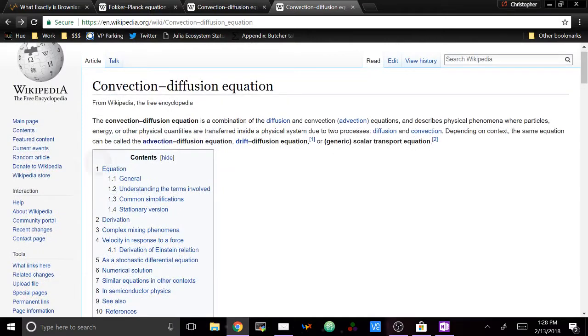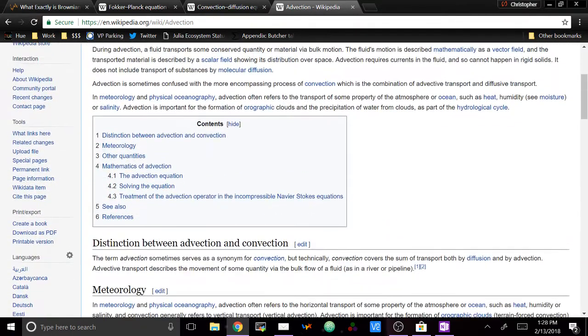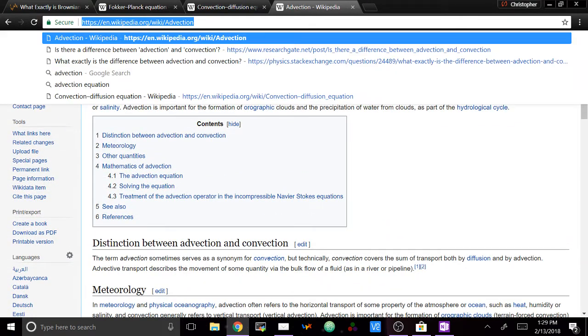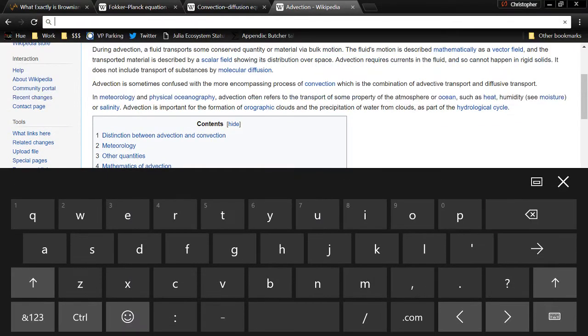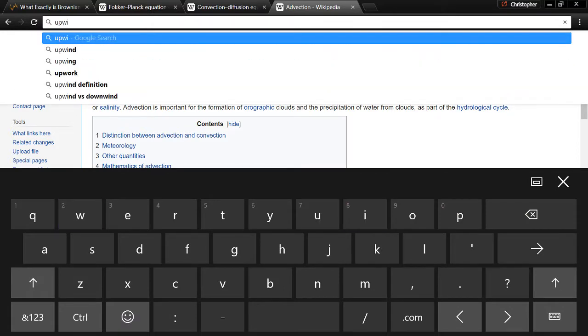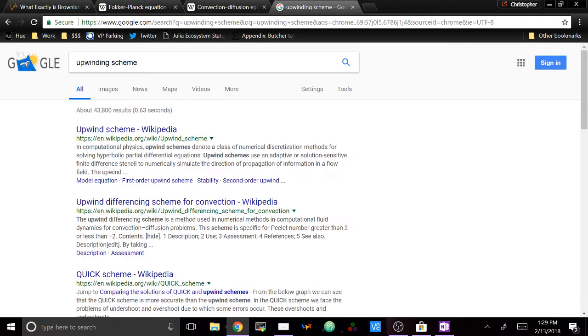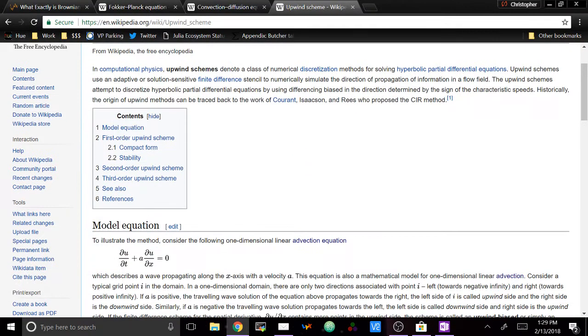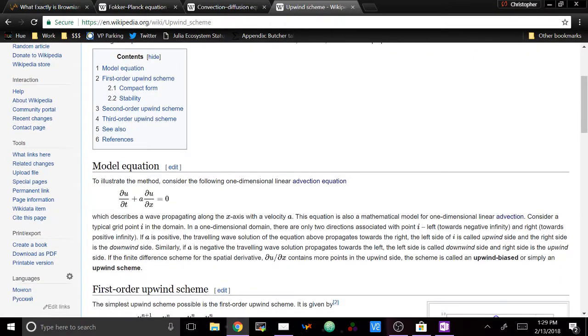So yeah, the one thing that gets a little confusing about this, well, I think that they write it down best in the upwinding scheme. It's getting a little ahead of ourselves, but when you have the one-dimensional linear advection equation, that's what they're calling it.